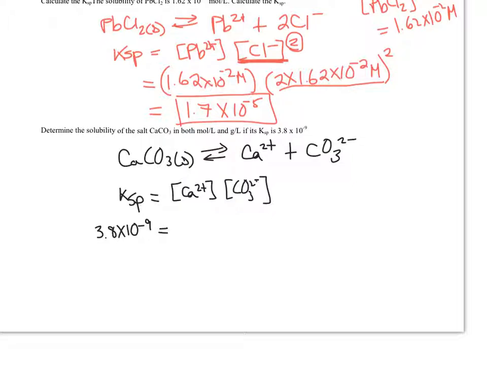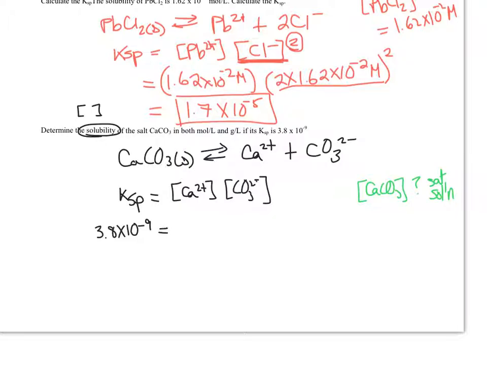What do they want? They want the solubility. Solubility means how much can dissolve. In other words, they want the concentration. They're looking for the concentration of CaCO3 as a saturated solution. So if I make a saturated solution, what concentration of CaCO3 would that be?